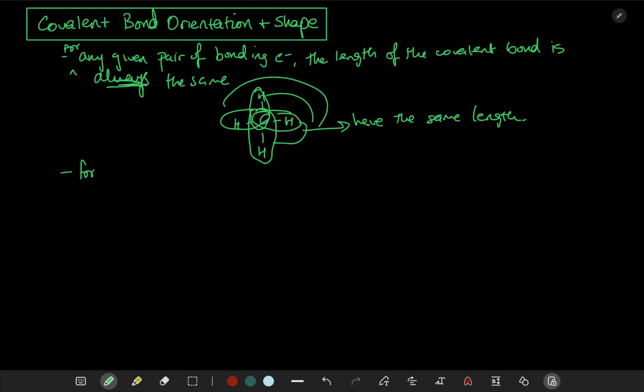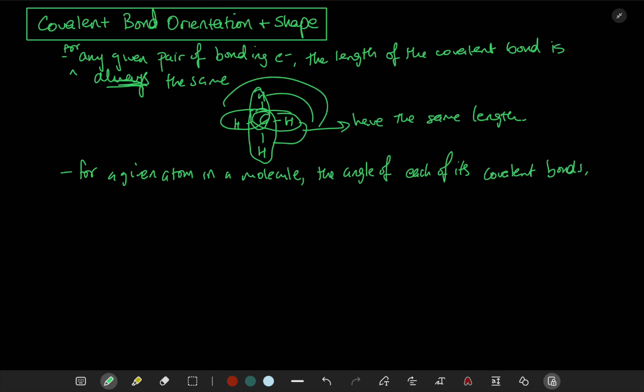So for a given atom in a molecule, the angle of each of its covalent bonds is, for the most part, the same.